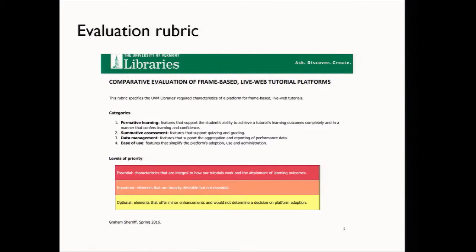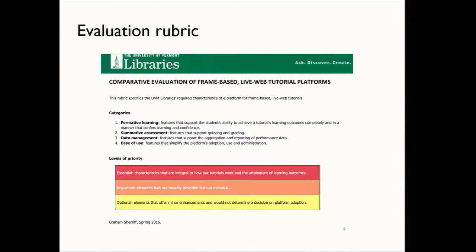And the way we went about this was that we composed a rubric for a comparative evaluation. We considered what were our priorities based on our writing and information literacy program. We consulted with our lead tutorial users, and we consulted the literature on online learning.